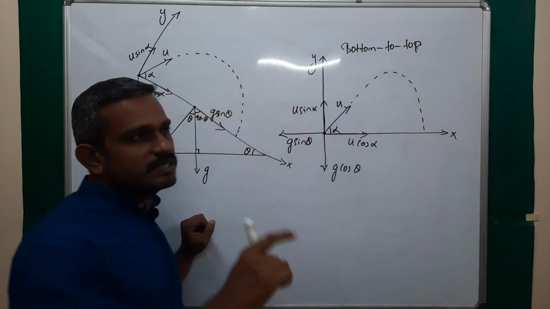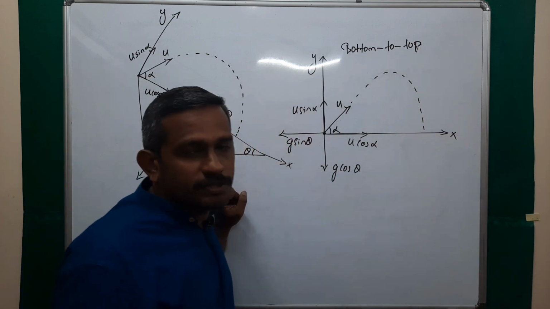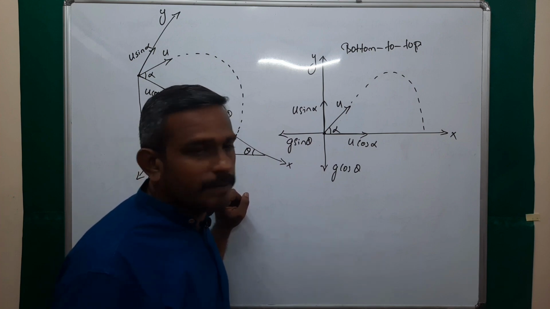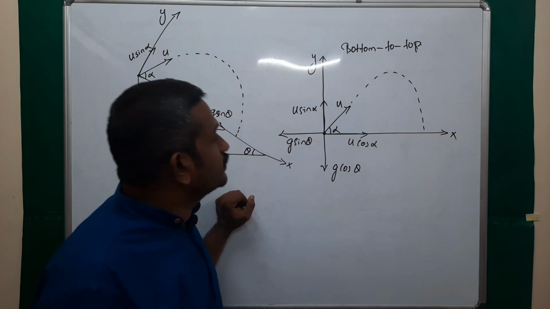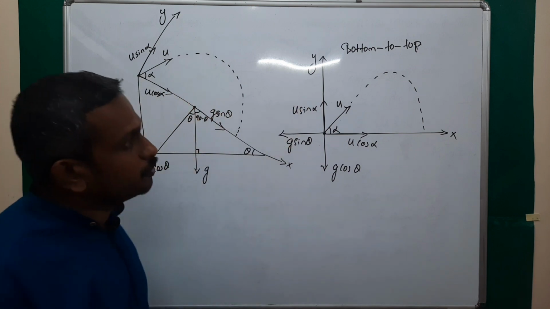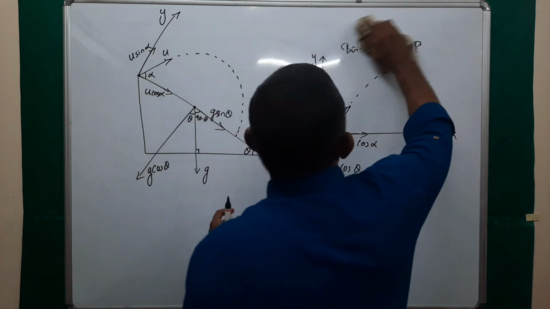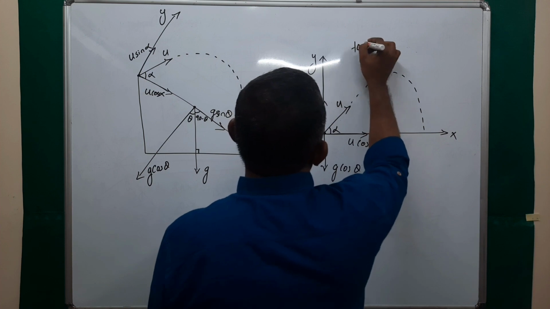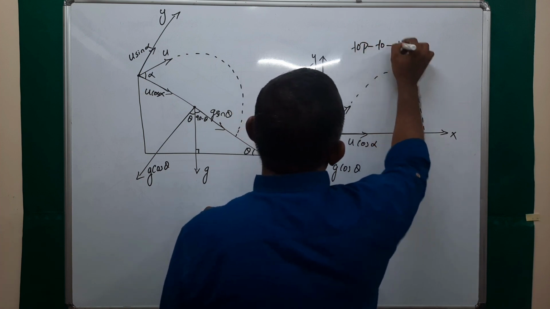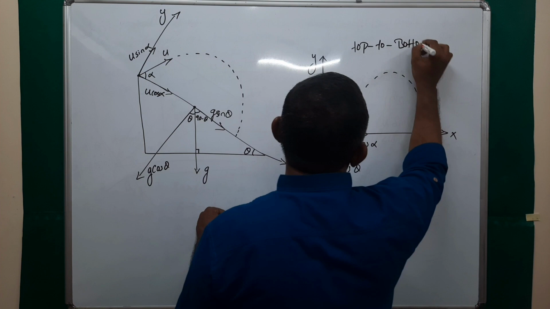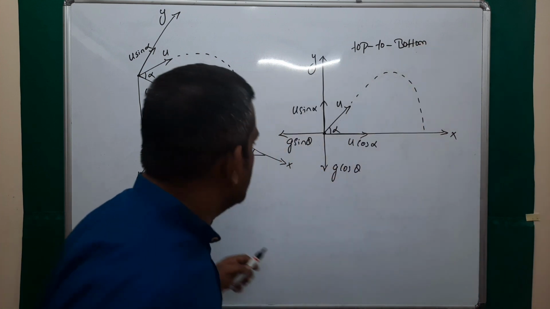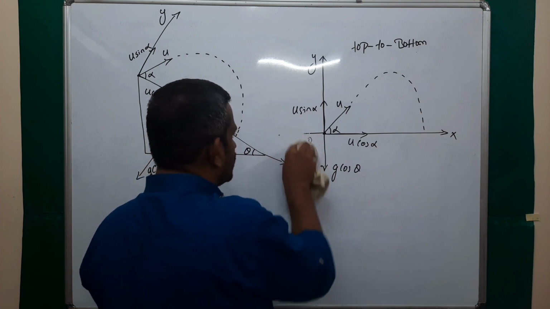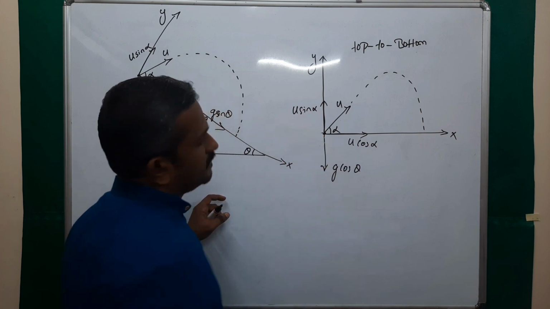We discussed this in the first video on projectile motion in an inclined plane. This is the case of bottom to top. If it is top to bottom, the vertical acceleration is in this direction only, but the horizontal acceleration is not in this direction.